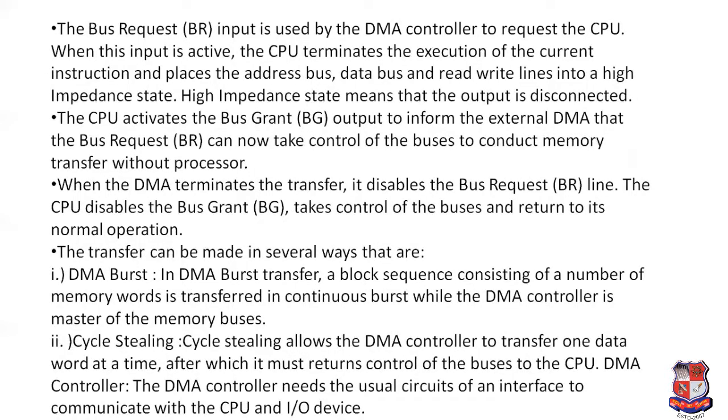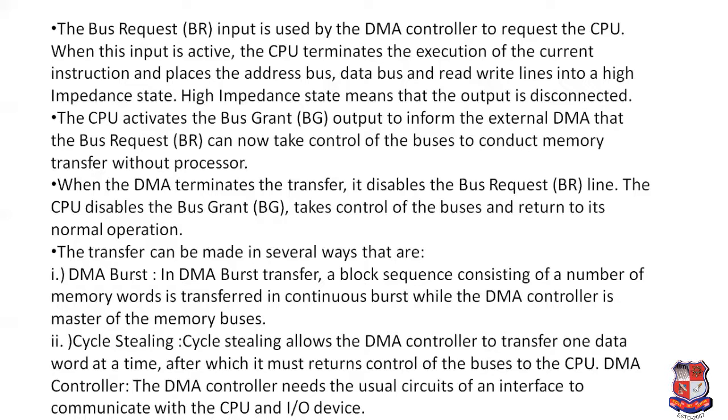Now, what is bus request? The bus request input is used by the DMA controller to request the CPU. When this input is active, the CPU terminates the execution of the current instruction and places the address bus, data bus, and read or write lines into a high impedance state.